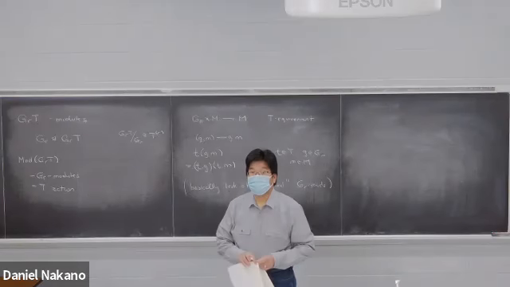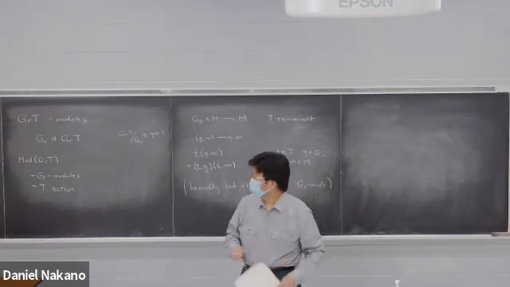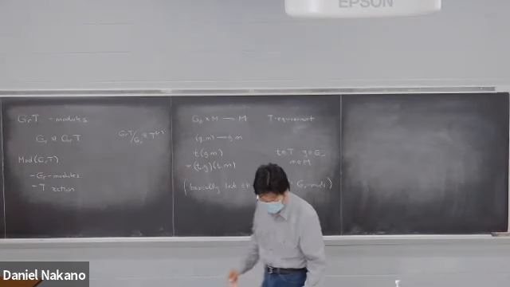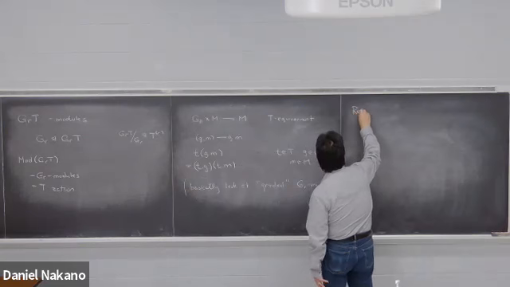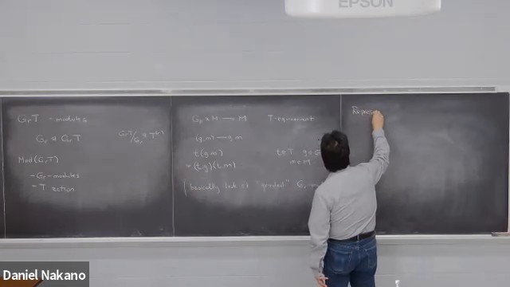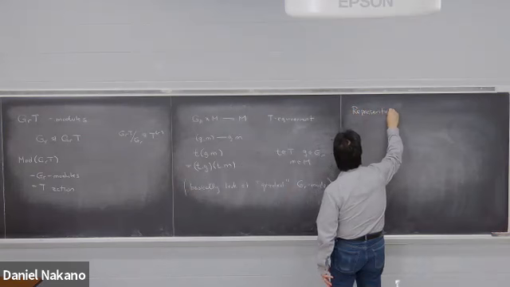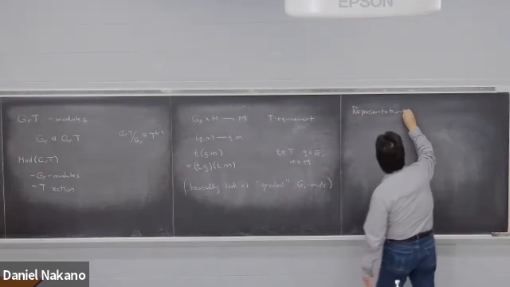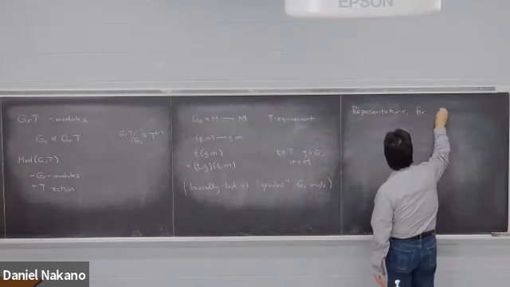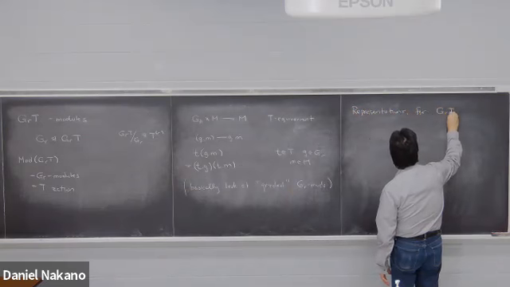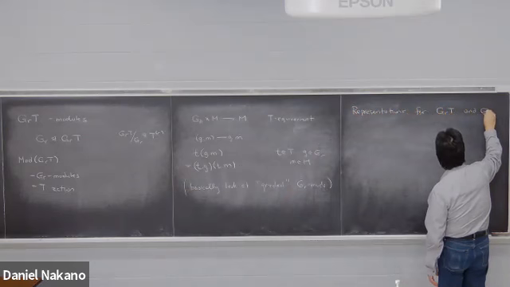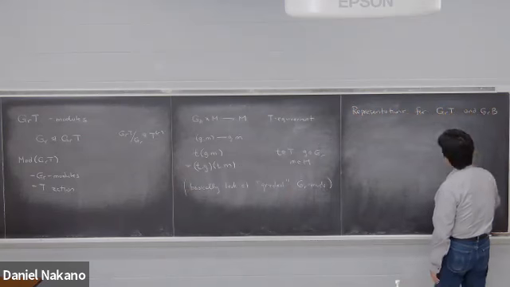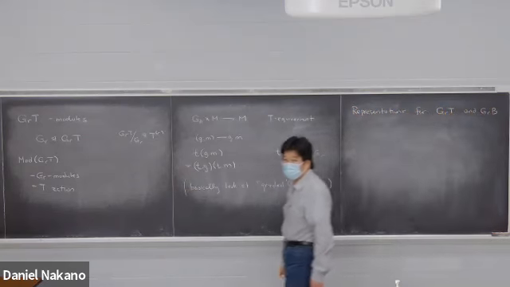Now what I'm going to do is define this object GRT. I'm going to talk about representations for this category GRT, and I might as well do this too for what I call GRB.